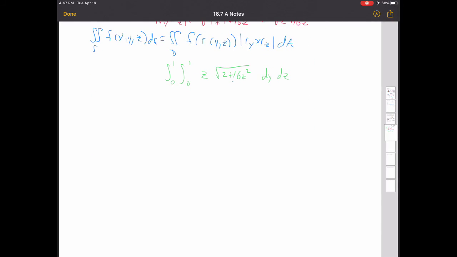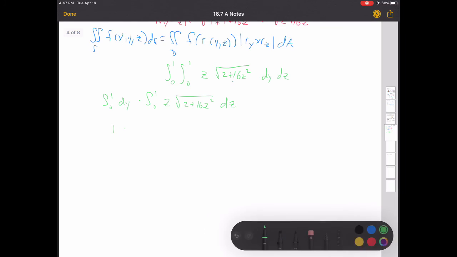So from here, we can split this. So we're going to have the integral from 0 to 1 of just dy times the integral from 0 to 1 of z square root of 2 plus 16z squared dz. The integral from 0 to 1 of dy is going to be pretty easy. That's just 1.